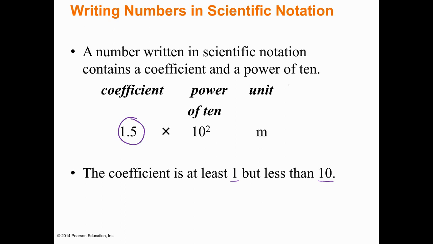So if I'm looking at this as scientific notation, what that means now is that I'm multiplying 1.5 times 10 times 10. That's 150. So that's the number that 1.5 times 10 to the 2 means, 150.